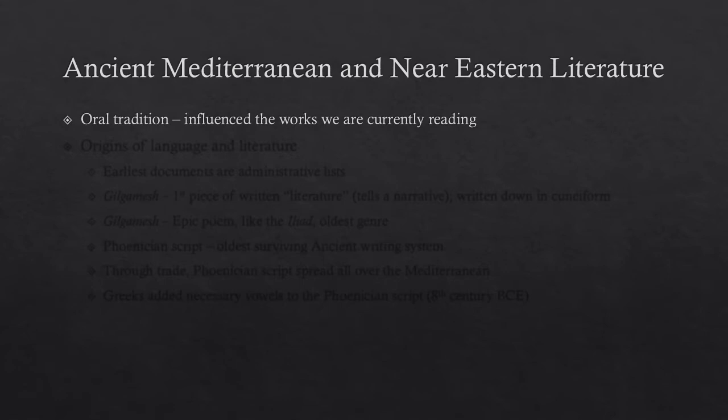There are certain things about the structure, which we'll talk about more in the next video on epic poetry. Something like Gilgamesh or the Iliad or the Odyssey reads more like a novel than a poem to modern readers because it tells a narrative, a story, and we don't typically think of poems as being really long and telling a story.